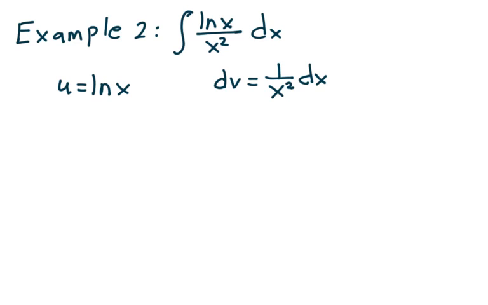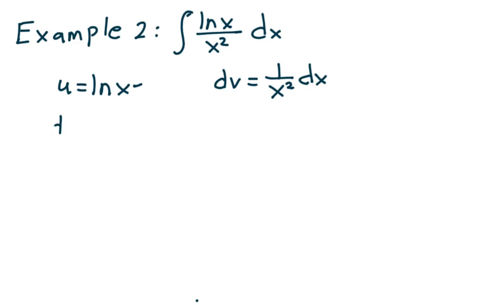Now, it's ideal to choose u to be natural log of x because if we let dv be natural log of x dx, finding v isn't so easy. Okay, so natural log of x is a more complicated function to find the antiderivative of.